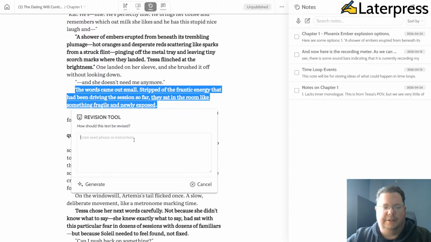And so again, I'm going to whip out the revision tool and give the AI the first crack at seeing how it would make a change based on the specific direction I want to give.